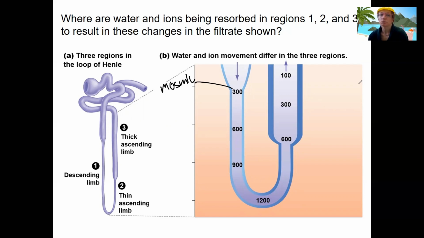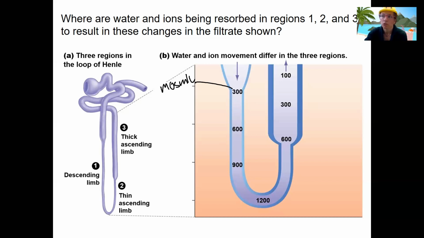So if this change is occurring, what has to be happening in terms of solute and ion reabsorption? Well, it's what I already told you does happen. So going along region 1 here, what has to be happening? The filtrate is becoming more concentrated.